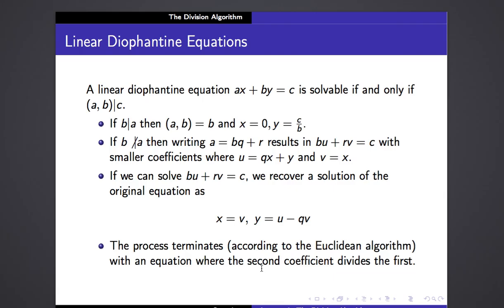So eventually we are going to get there. That's when the program stops and we find the solution. Using this algorithm we find the solution of the original linear Diophantine equation.